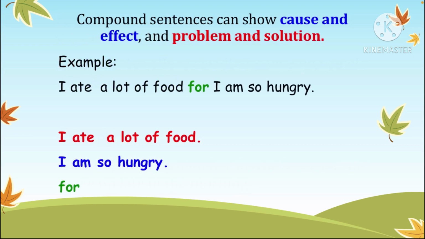Compound sentences can show cause and effect and problem and solution. Example: I ate a lot of food, for I am so hungry. The coordinating conjunction that we use is the word for. And the two independent clauses or two simple sentences are I ate a lot of food and I am so hungry.